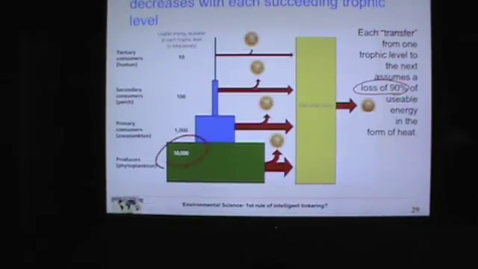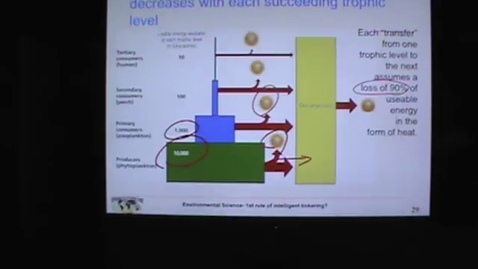So let's look at 10,000 units of phytoplankton, primary producers, if you will, using sunlight and carbon dioxide and water to make sugars. When they're consumed, they release heat, but that only supports 1,000 of these primary consumers, which are zooplankton, those cladocera in the previous image.